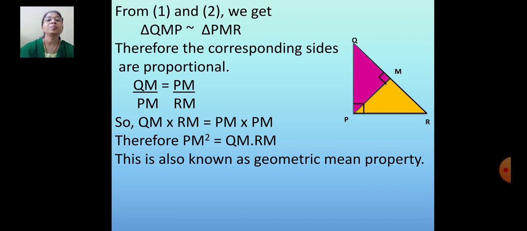Therefore PM square is equal to QM into RM, and this is what we want. This property is known as geometric mean property, in which the square of the perpendicular segment is equal to the product of the hypotenuse segments in which it is divided.